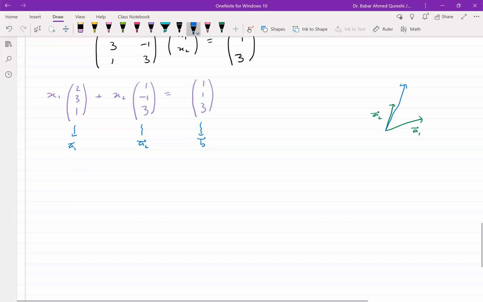So that's why over-constrained systems have a very big chance of being inconsistent, because you are considering a subspace and your right-hand side must be lying in that subspace. If it's not in that subspace, you will be inconsistent.